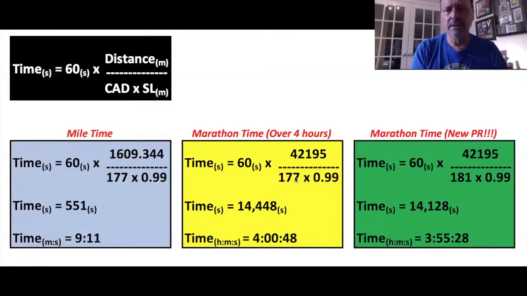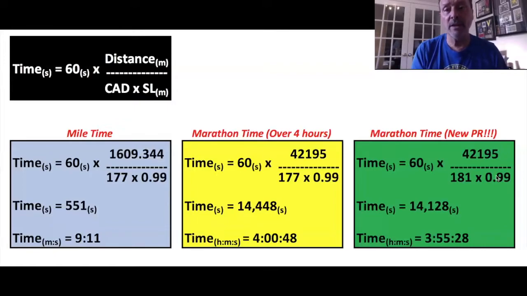Everybody's different. So we looked at him, and the goal is to bring out the same distance, the marathon, increase his cadence by just 4, from 177 to 181, keeping that same stride length.